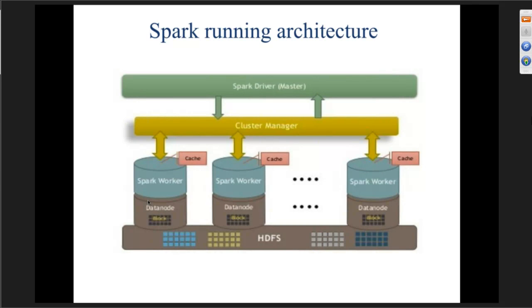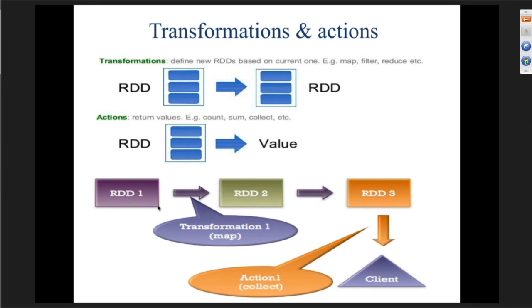Coming back to transformations and actions, when an RDD is there and a new RDD is generated, that is called a transformation. When I have a data input and I generate the output, transforming input to output, that is nothing but a transformation. Actions are when you select some data, count some records, or store the data somewhere.